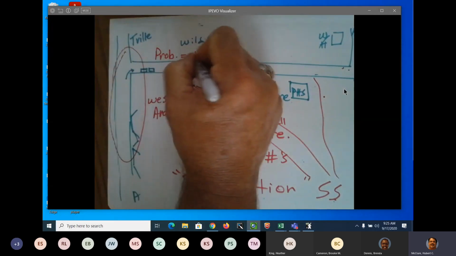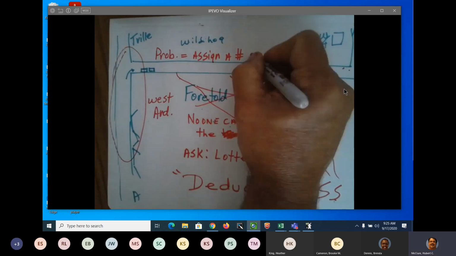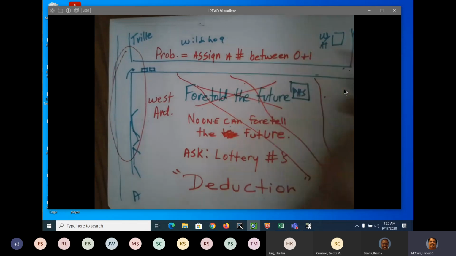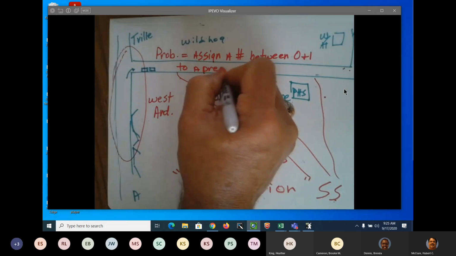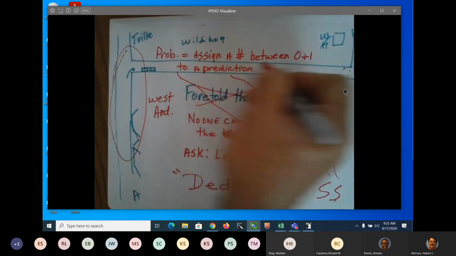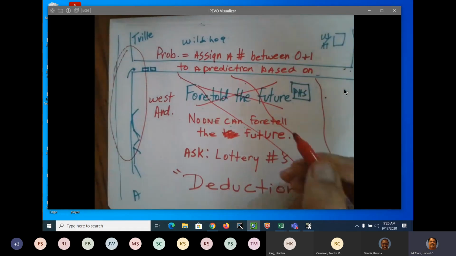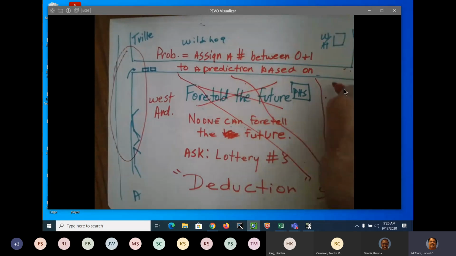Probability is assigning a number between 0 and 1 to a prediction based on stats or mathematics, whichever one you want to call it, experience or logic.